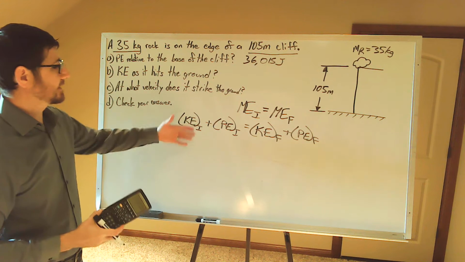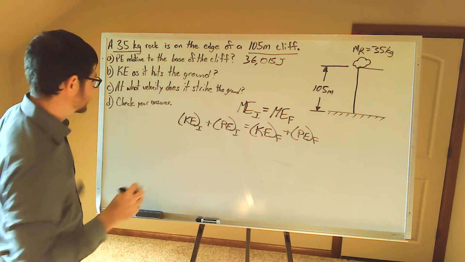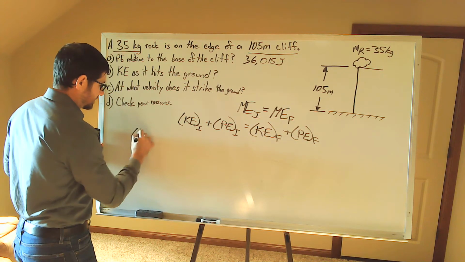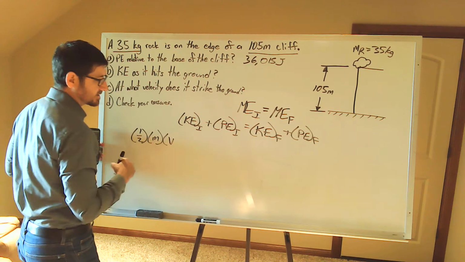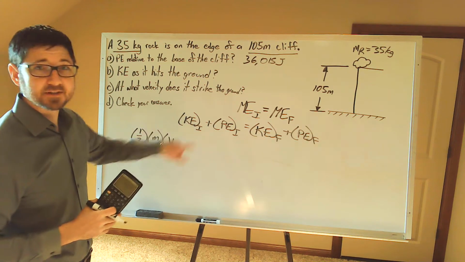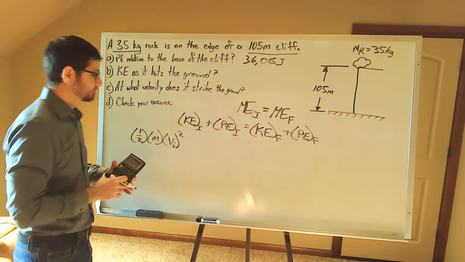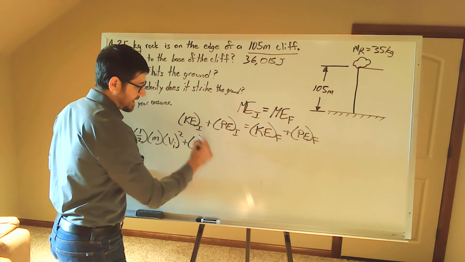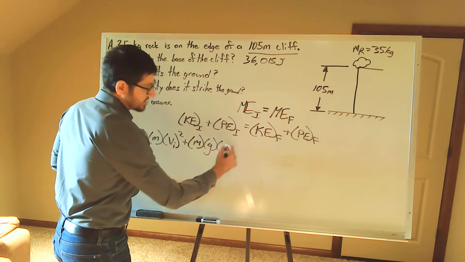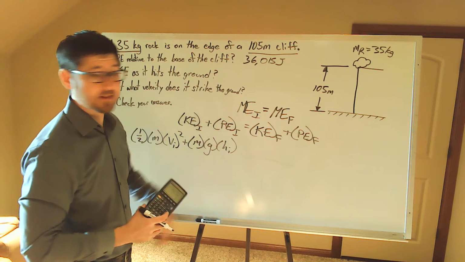Now we can go ahead and expand this further here. So we know that kinetic energy is equal to 1/2 times the mass times the velocity squared, but this is our initial, so we need to say initial velocity squared. Initial gravitational potential energy, so this is mass times gravity times the initial height with respect to our reference level.